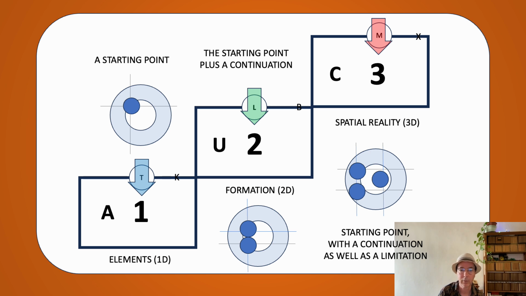The third level is not only that we have a starting point, we have a continuation, but we also have a limit. We have also a limit in between where we can work. So this is the purpose of the 3rd dimension. We have a space to work with, and we narrow it down.